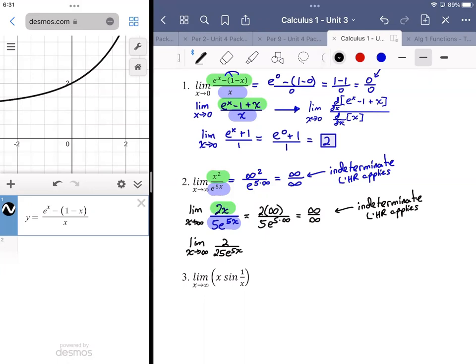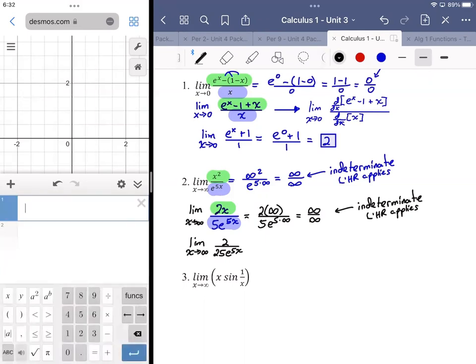Right. So looking at this one, it looks like we have a constant up top and something infinite on the bottom, which is generally a good thing because that means we're going to lock onto some kind of result. It's just a question of what that result is going to be.